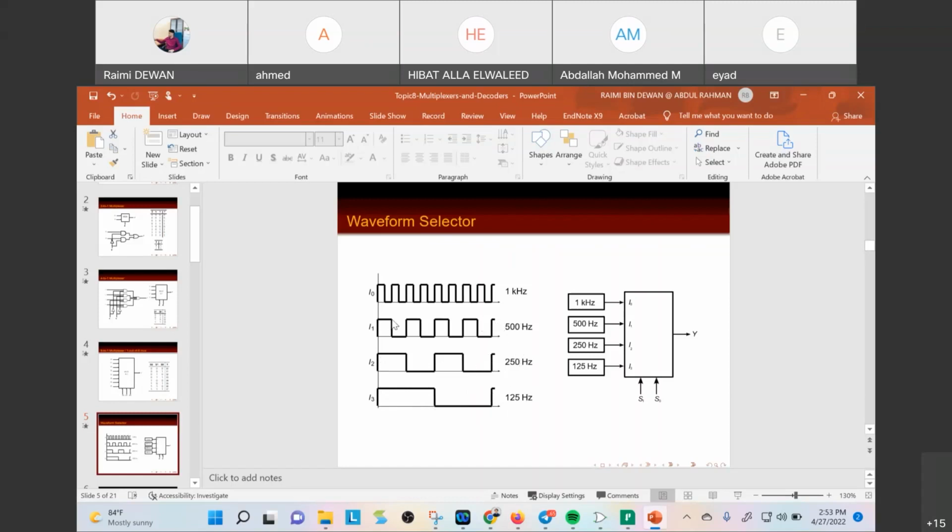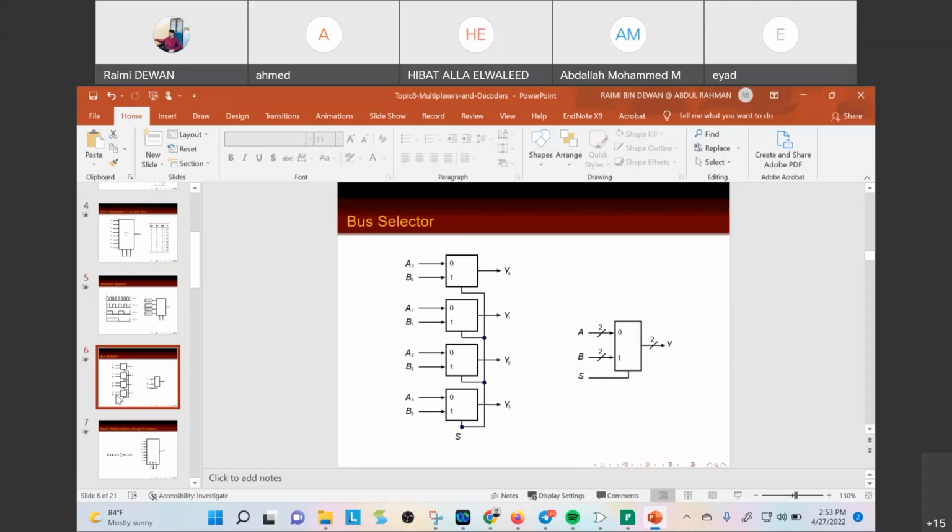For 500 you have 4 complete cycles, and so on. So the higher the frequency, the more complete cycles we have. If you put 0 1, for example, here, the Y output chooses 500 hertz. Actually this is just the same as what is in the slide, 2021.